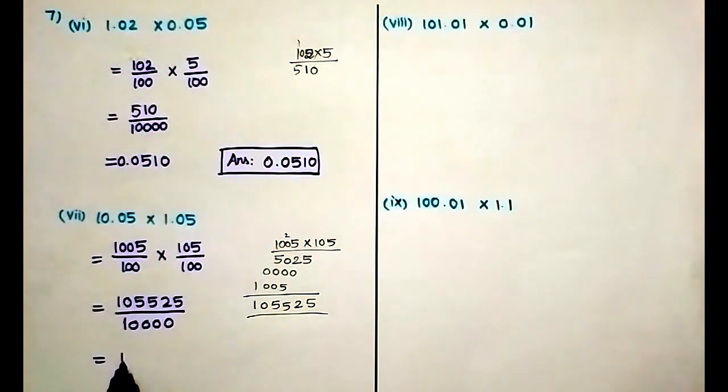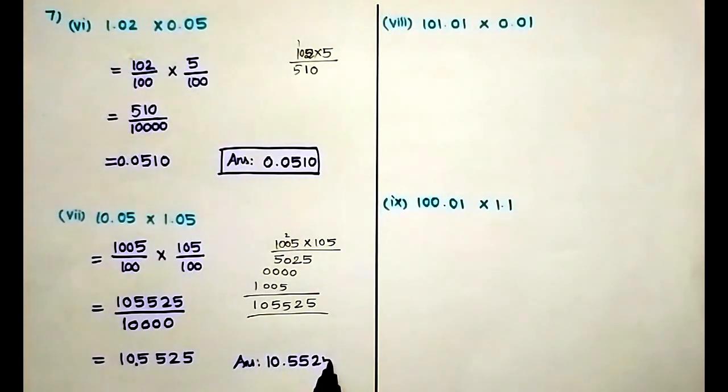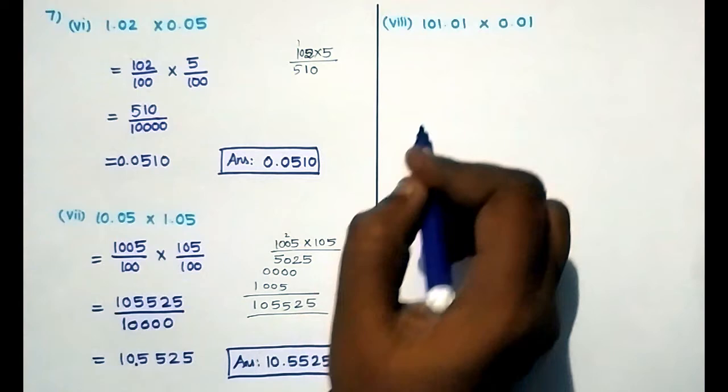So write down the number 105525. Before 4 digits we have to give the point, so 1 2 3 4. So answer 10.5525. That is the answer.